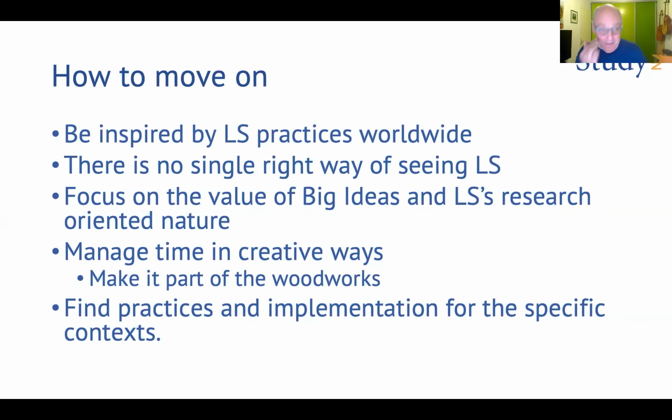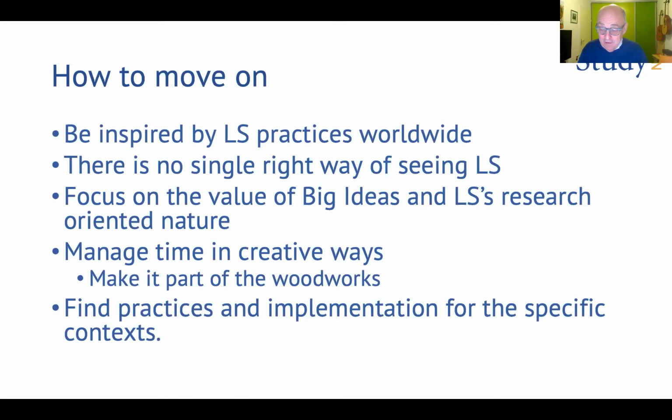So how do we move on from here? I think worldwide there are many lesson study practices that may or may not stay close to the Japanese original. We should all see them as inspiration, and try to figure out in what way and to what extent they succeed in implementing the big ideas, and what we can learn from them.